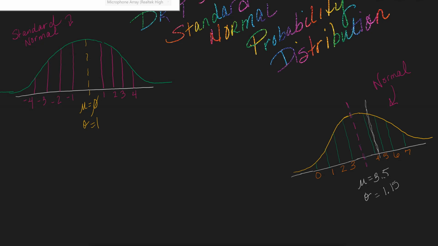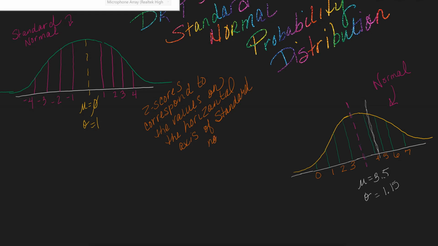Now, the z-score is particularly useful with a standard normal curve because z-scores correspond to the values on the horizontal axis of a standard normal curve. Okay.